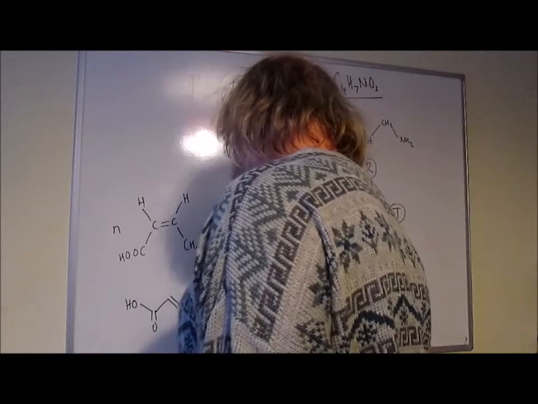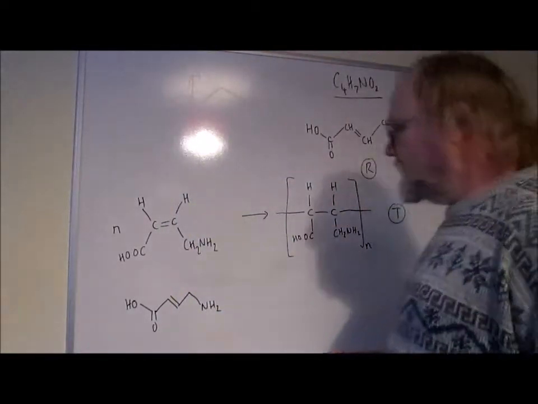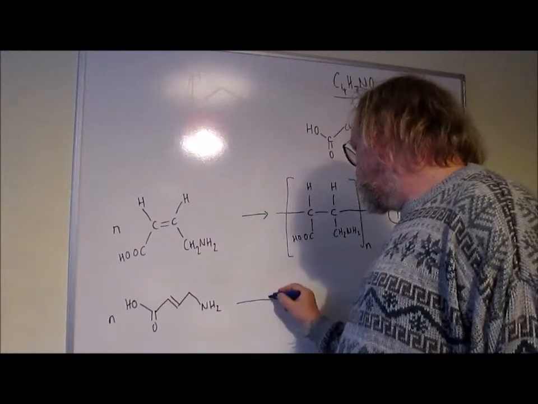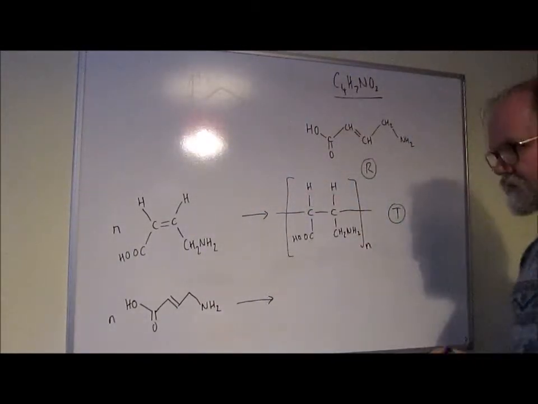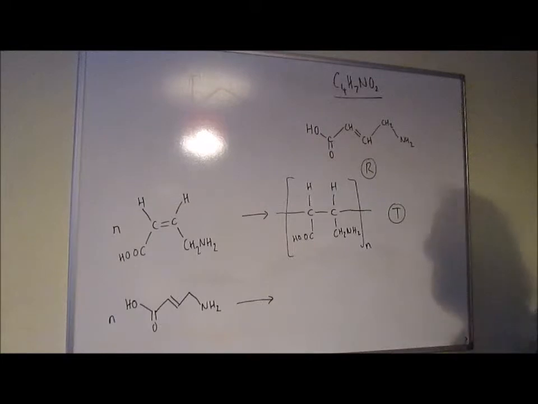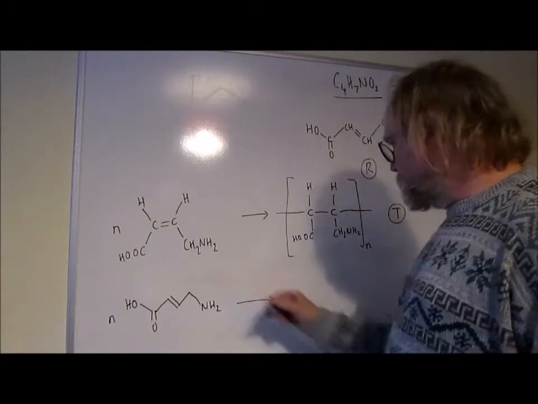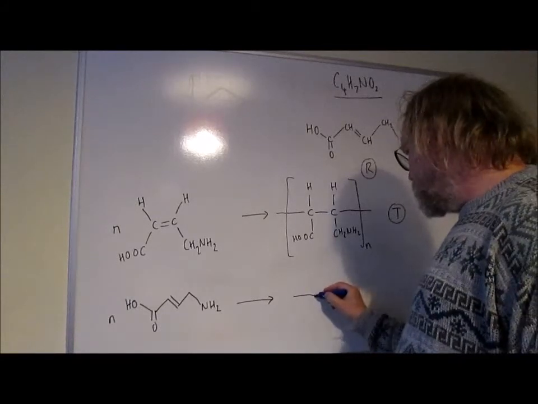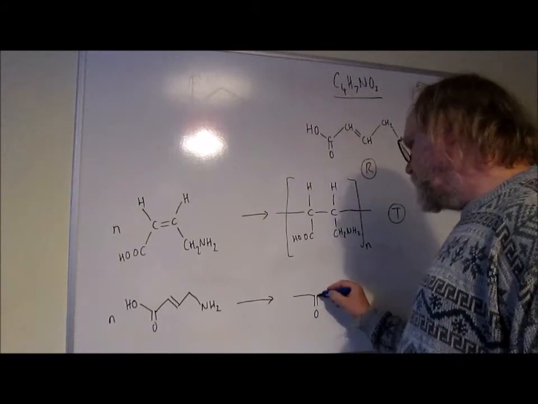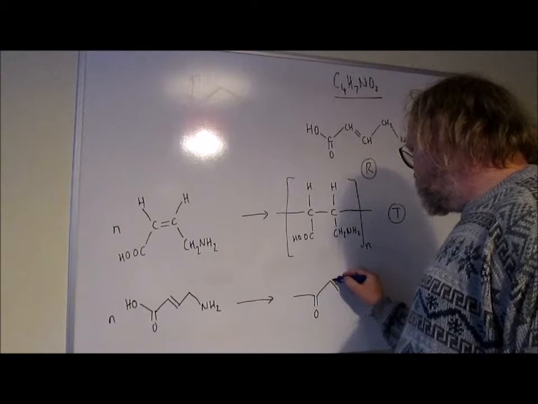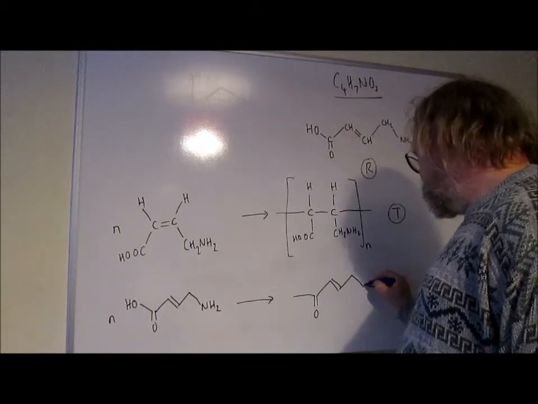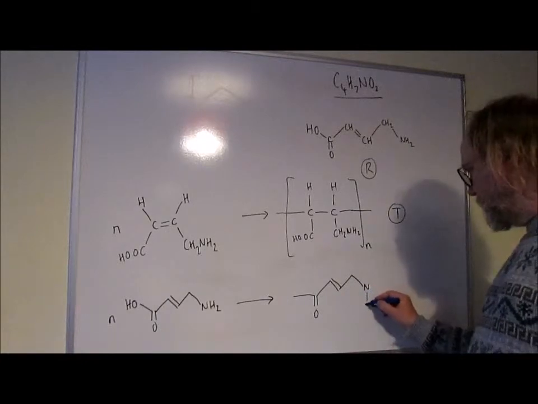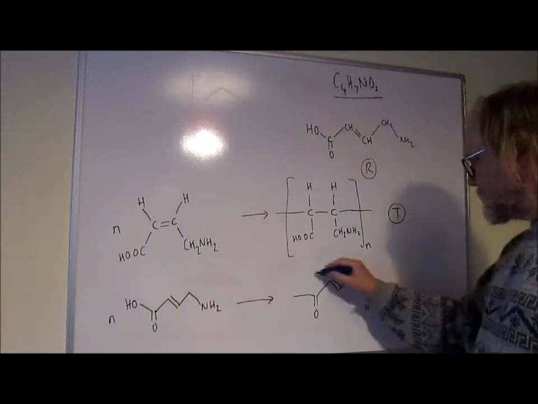So there's the monomer, and again we're going to need N copies of that, and this is going to happen now under very different conditions, which is why we get a different polymer product. We'll get the condensation polymer, so the OH now is gone, and we just have the linker bond to the carbonyl group, and then this bit is the same, and then when we get to the amino group at the end, we now just have NH and then the linker bond that side.